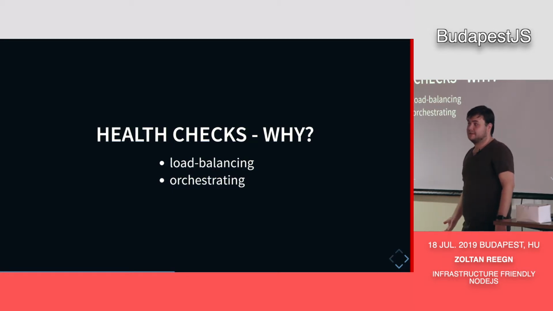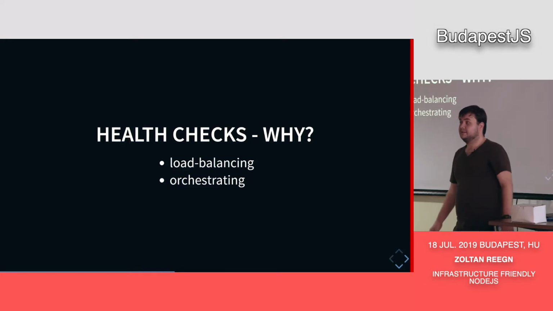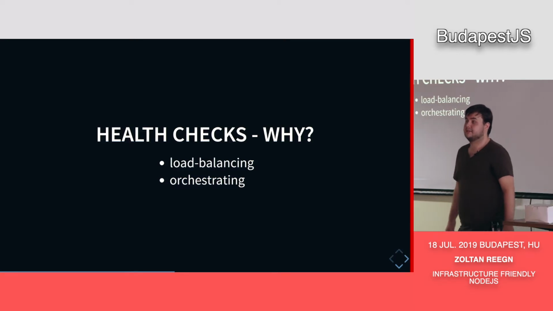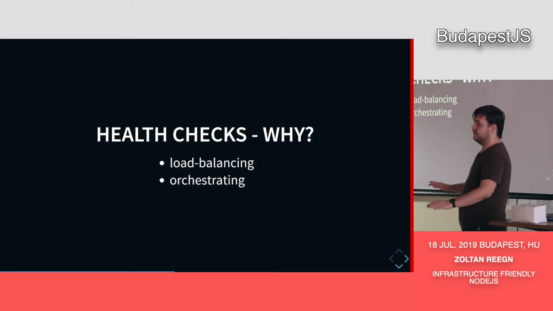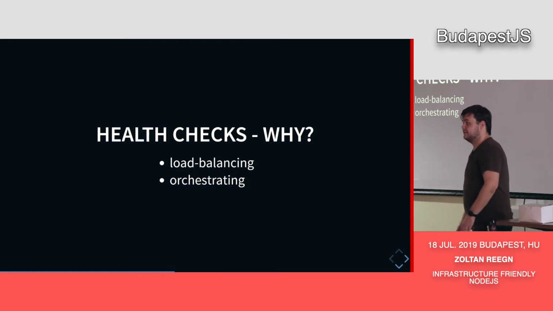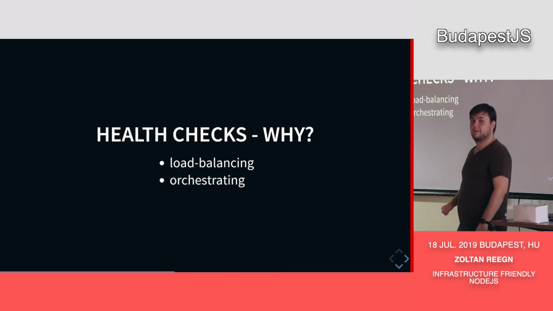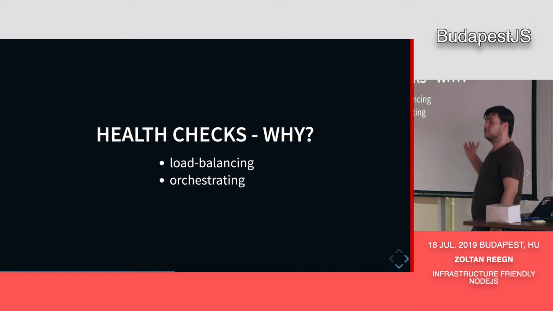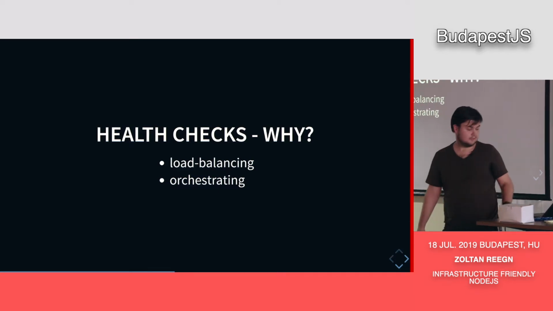Another use case with orchestrators is if a service cannot recover from its unhealthy state, then the orchestrator will know, okay, this hasn't been healthy for like 30 seconds. Now it's been off from the load balancer for 30 seconds, but it's not recovering. I'm going to kill it. So it's also possible to signal an orchestrator to please kill this process and spawn another instance.